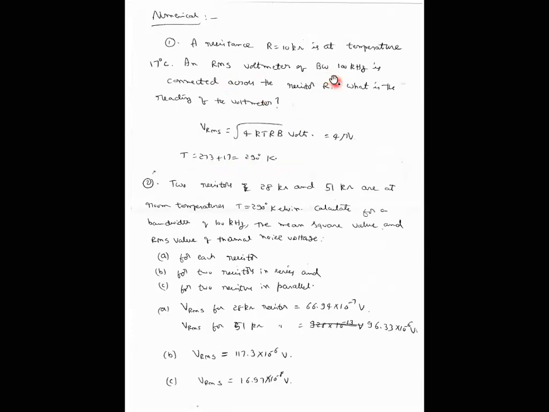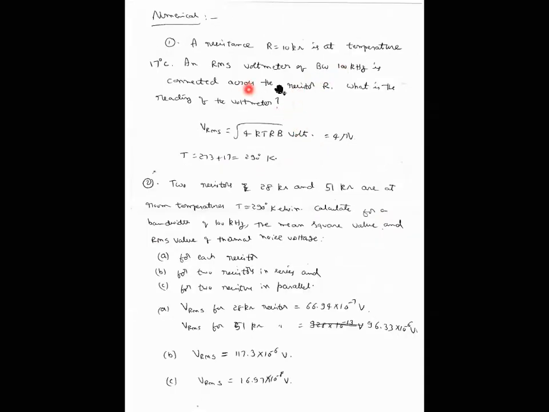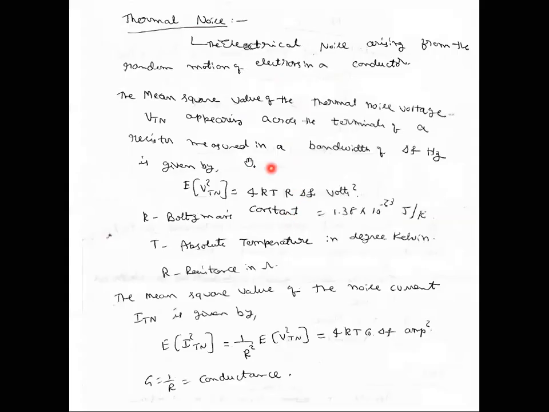And the bandwidth, RMS voltmeter of bandwidth 100 kilohertz, so this delta F is 100 kilohertz. What is the reading of the voltmeter? This is actually the formula to compute the mean square value, but we want to know the reading of the voltmeter, which will be in volts.